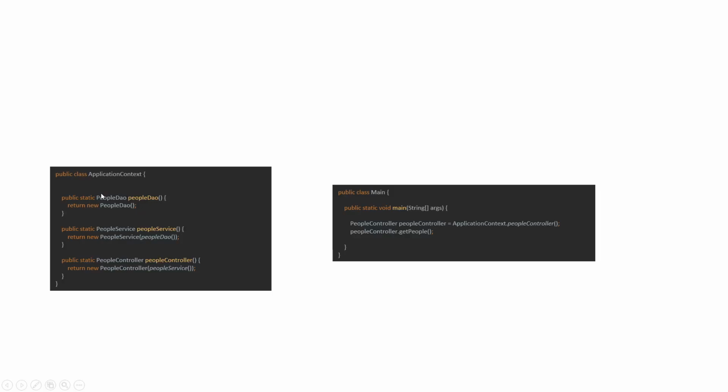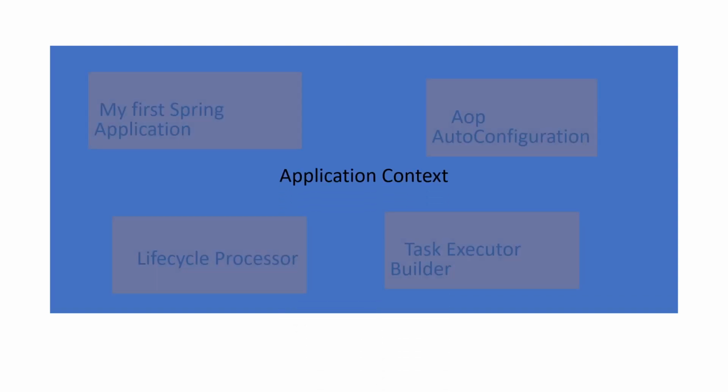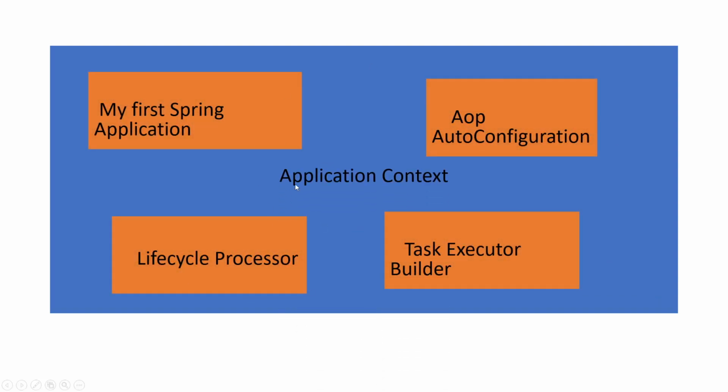A bean is a simple object, but not just a simple object: it is registered in the application context. So when Spring fires an application context, it will add all the necessary beans that belong to Spring, and all your beans which you have registered.